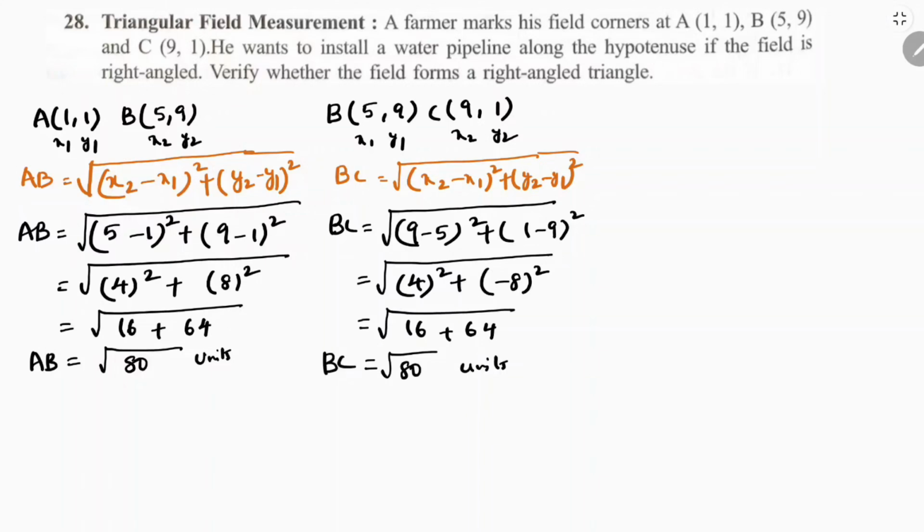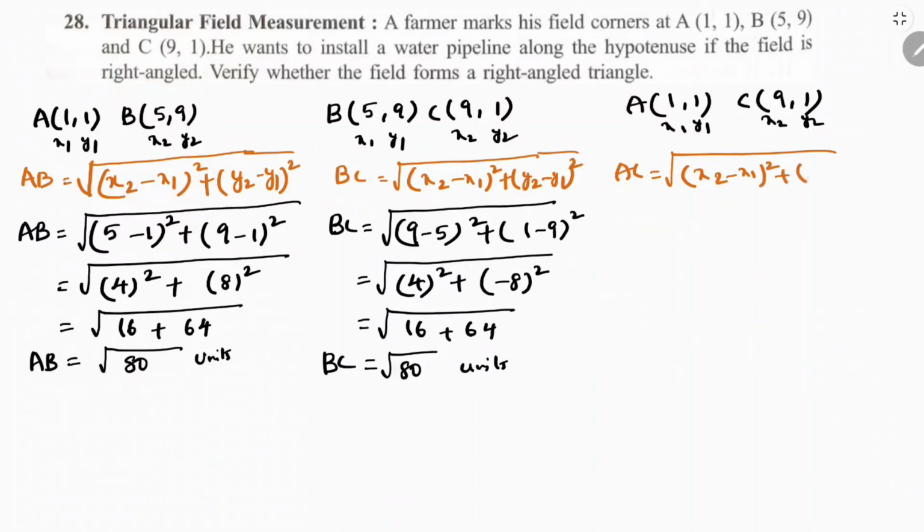Now I'll find the distance between A and C. A is (1, 1) and C is (9, 1). So A is x1, y1, and C is x2, y2. The distance between A and C is under root, x2 minus x1 whole square plus y2 minus y1 whole square.